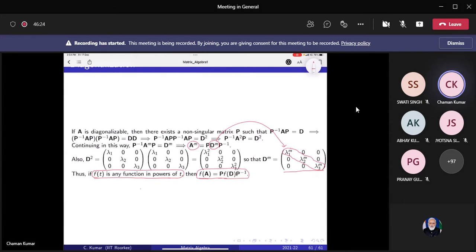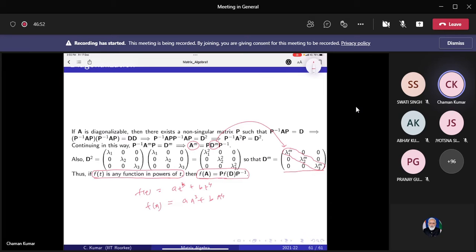So if f of t is, let's say, a t raised to 3 plus b t raised to 4, then f of A will be a A raised to 3 plus b A raised to 4.